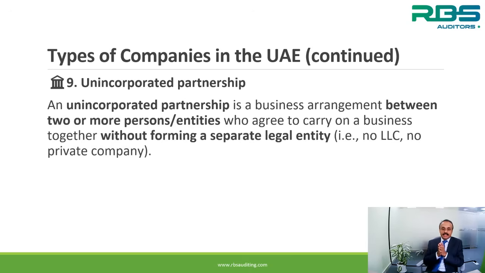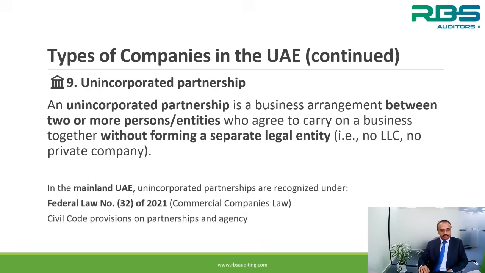The agreement has been executed in the court of one of the Emirates, and based on the agreement you are conducting a partnership business. That is called an unincorporated partnership.